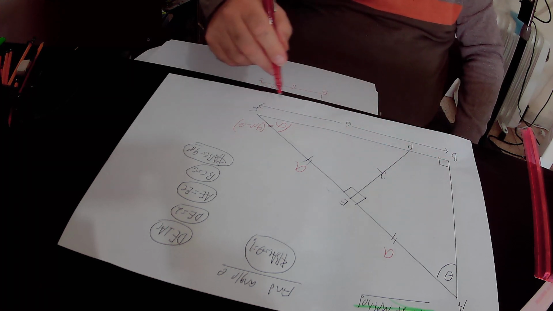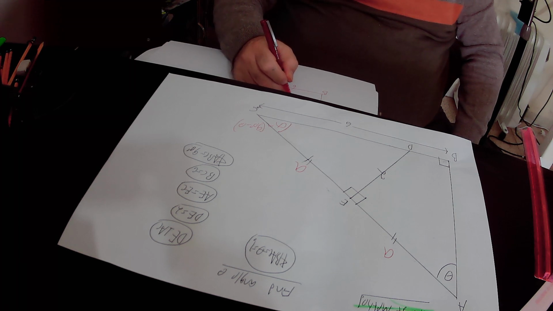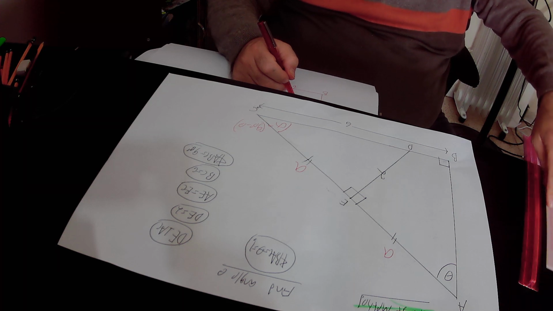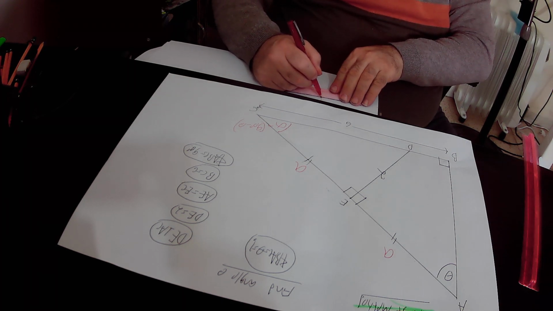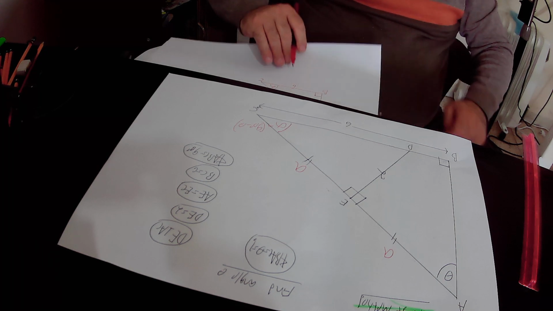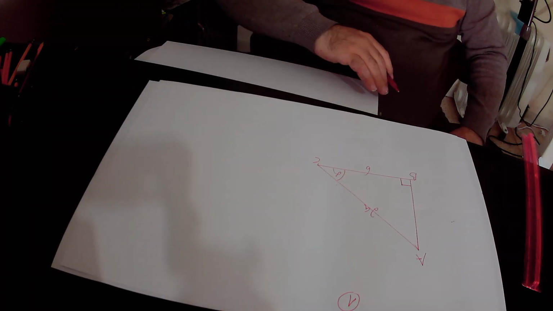The hypotenuse AC equals a plus a, that is 2a according to our definition. So this is the right triangle ABC that I copied from the original drawing.